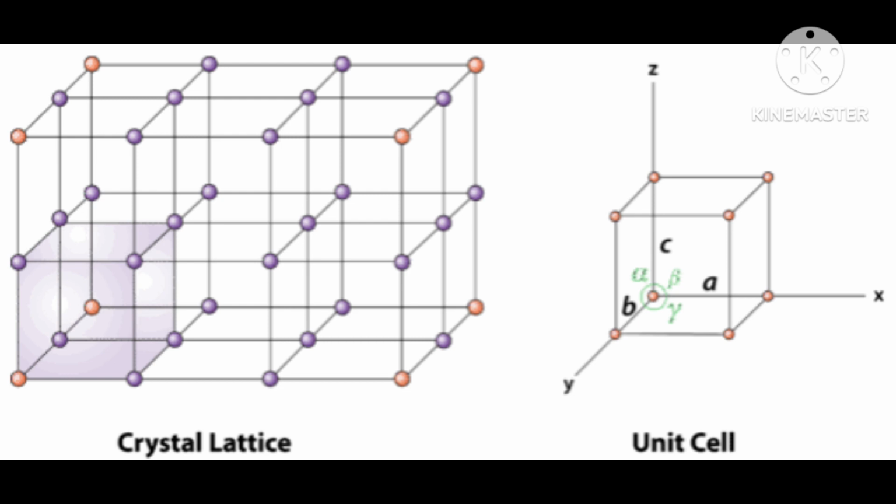Already I discussed this with an example. Thus a unit cell is characterized by 6 parameters, 3 edges and 3 angles, 3 plus 3, 6: small a, small b, small c, and the 3 angles alpha, beta and gamma.